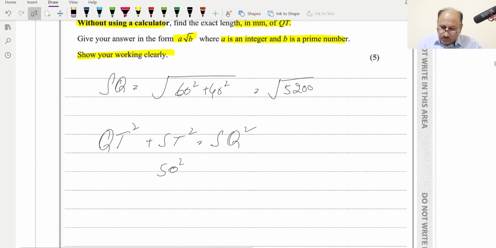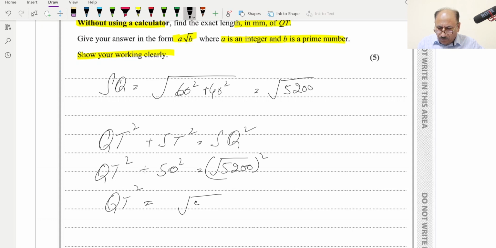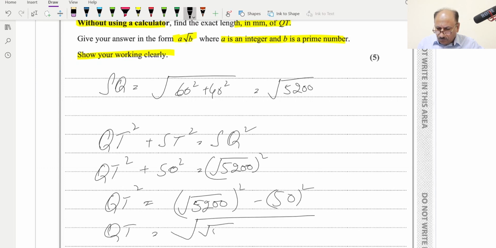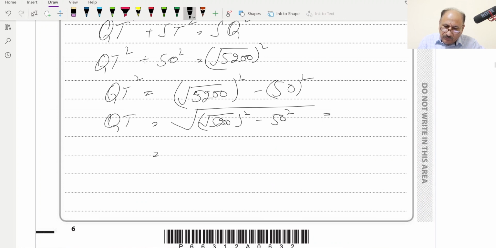So this will be 5200 under root and squared, and this will be QT squared plus 50 squared. QT squared will be equal to under root of 5200 squared minus 50 squared, and we can write QT is equal to under root of 5200 minus 50 squared, and the square and under root will cancel.